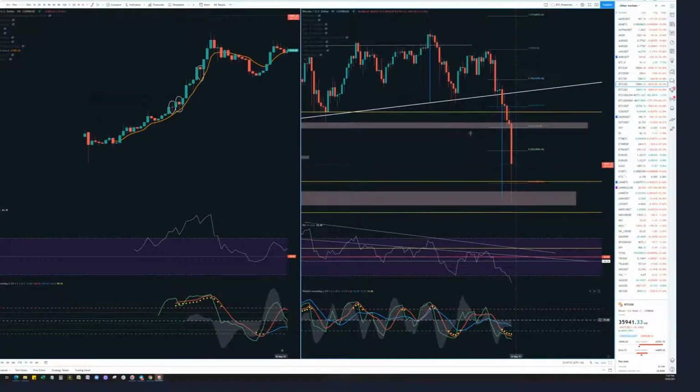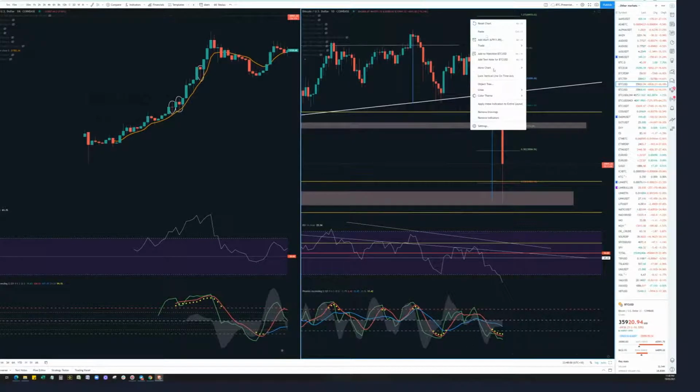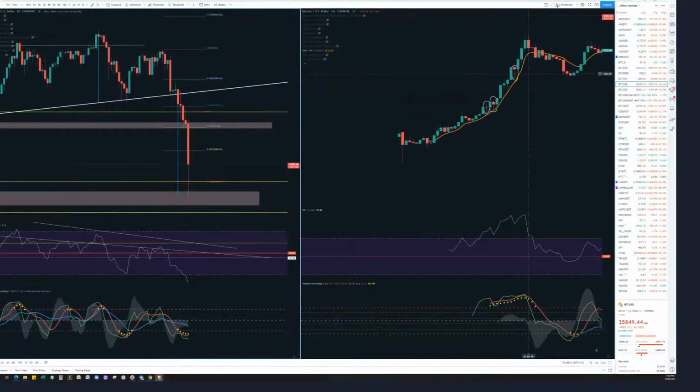So what I can do here, let's just make it easy for myself. Yes, all eyes on the weekly candle, definitely. It makes all the difference. I'm just trying to reverse that and just maximize your screen. So that's the monthly there.